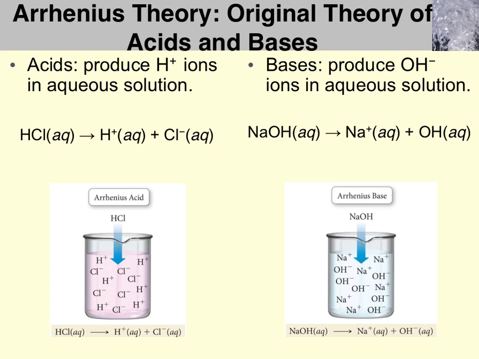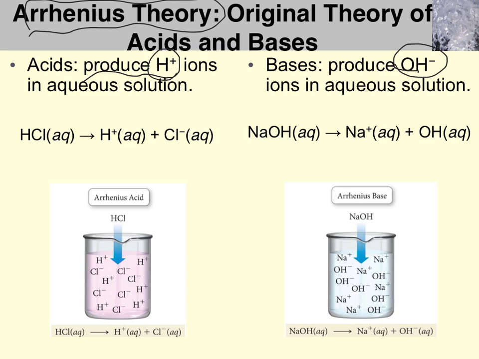Classic definitions of acids and bases started with Arrhenius, a guy that first noticed the trends of the properties of these substances. And he defined acids as producing hydrogen ions in aqueous solution and bases as producing hydroxide ions in aqueous solution. The Arrhenius definition covers 90 to 95% of the known acids and bases, but it does leave a few bases out that don't quite fit into his definition.